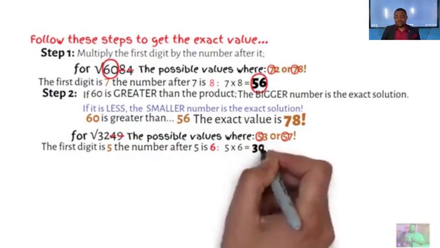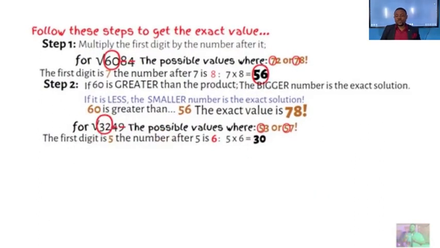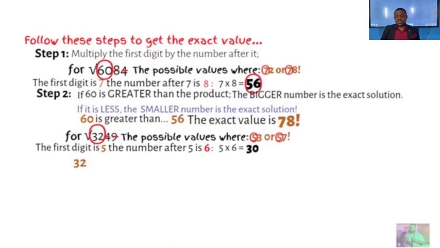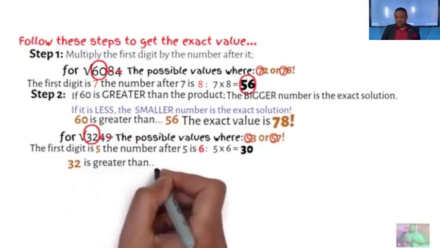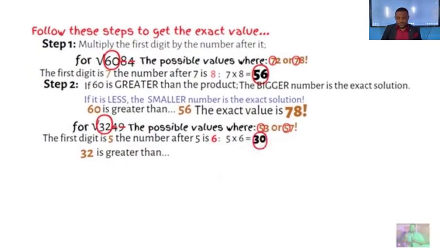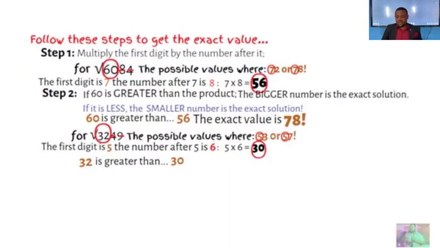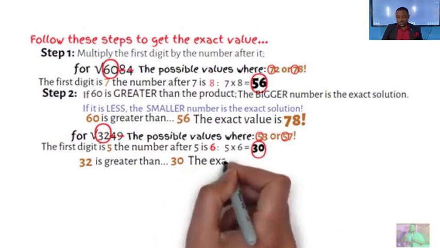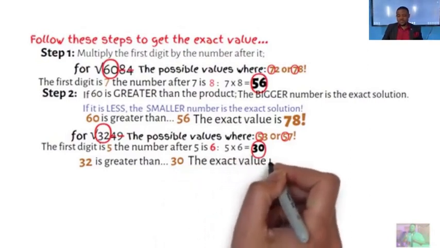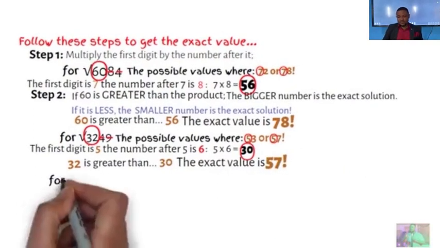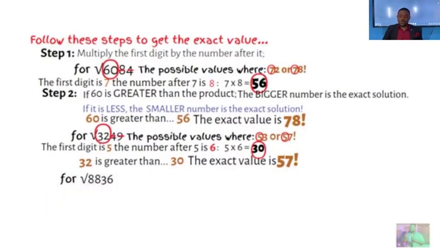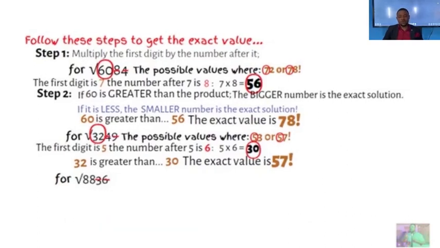We struck out 49, remaining 32. So 5 times 6 is giving us 30. And since 32 is greater than 30, I'm not going to take 53. I'll take 57. If 32 is greater, I take the bigger value. If it's less, I take the smaller value. So 57 is going to be the correct value for this one, the exact value.